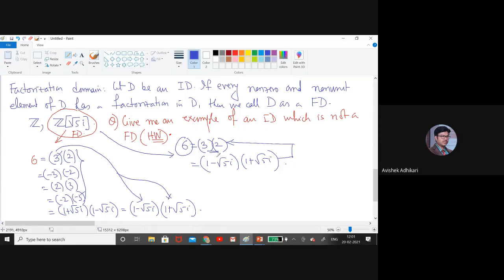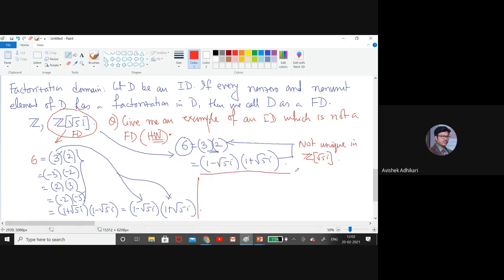As a result, we can certainly say that this factorization of 6 is not unique in Z root 5i. So now you understand that there could be a notion of unique factorization domain.